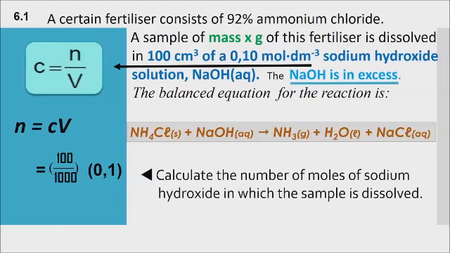I divide by 1,000 to make it cubic decimeters, and with my concentration of 0.1, I put it in there. So at the beginning I have 0.01 mole of sodium hydroxide. Good.